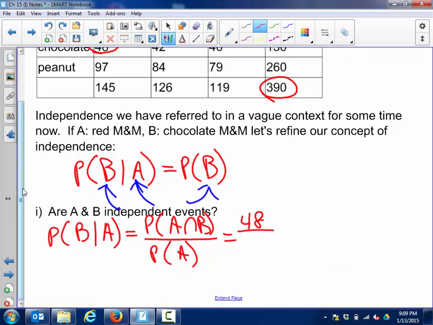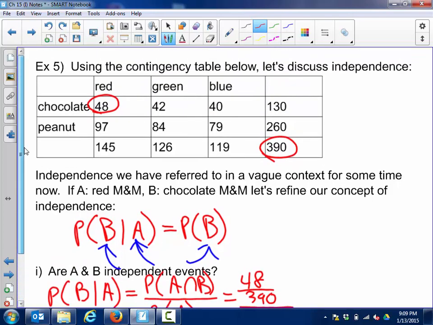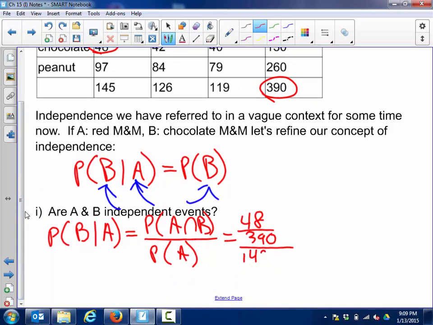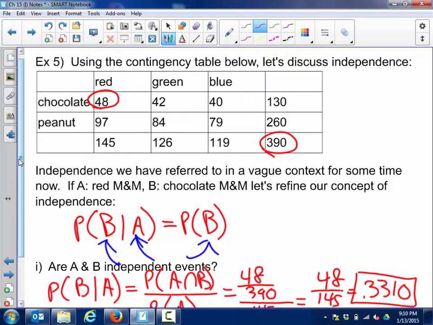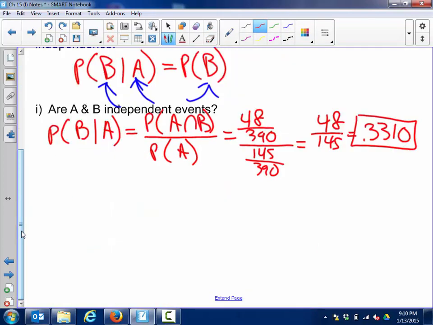The probability that both occur is 48 over 390, divided by the probability of A, 145 over 390. This reduces to just 48 over 145, which is 0.3310, and that's your probability of a chocolate M&M given that you know it's red.